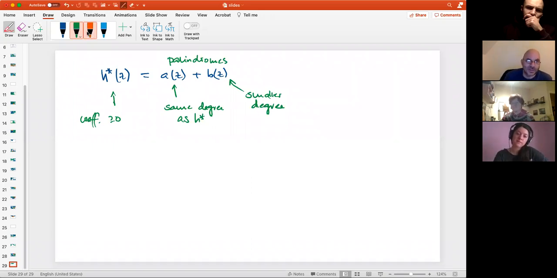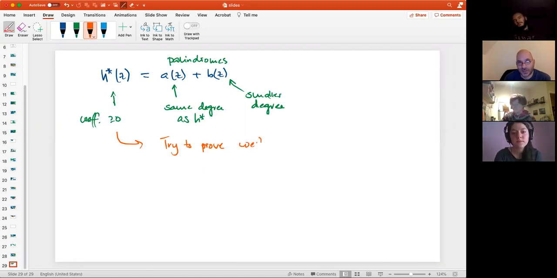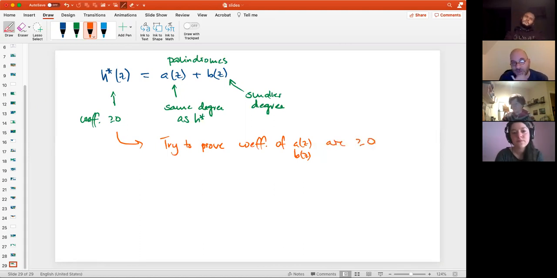And so here's what you should do: try to prove that the coefficients of A and B are also non-negative, because this would give you a stronger statement.